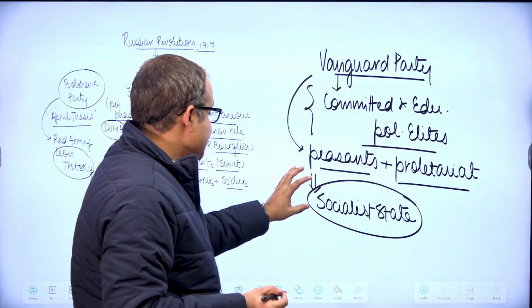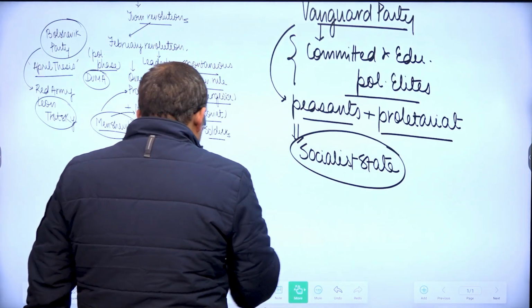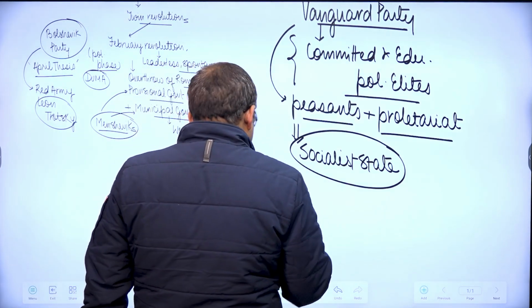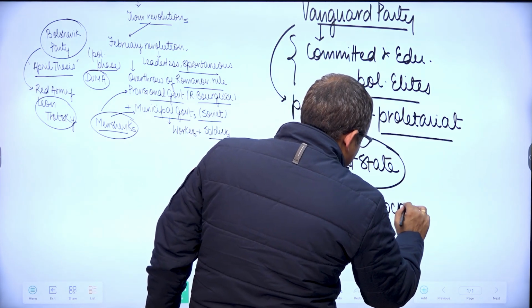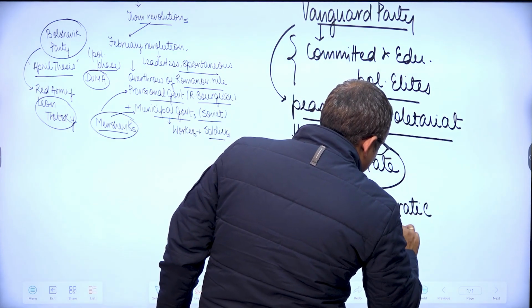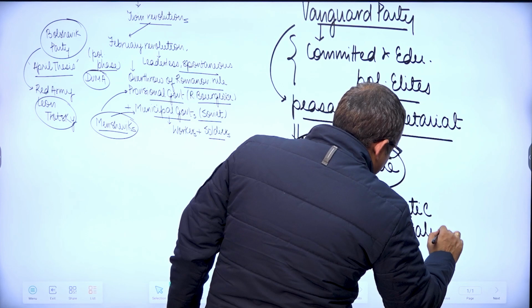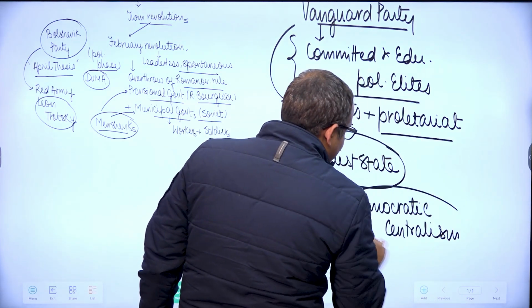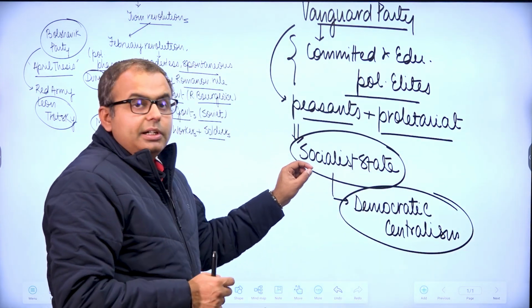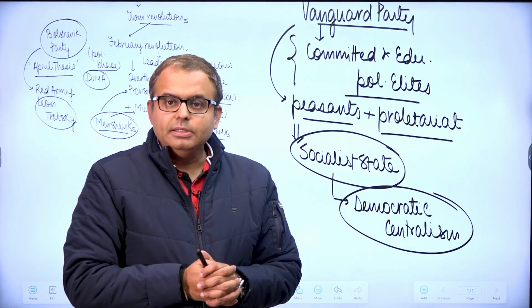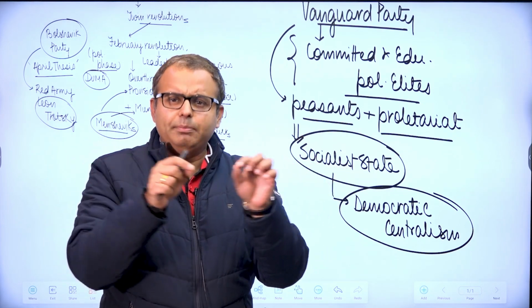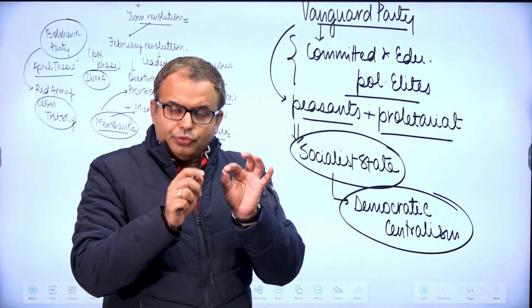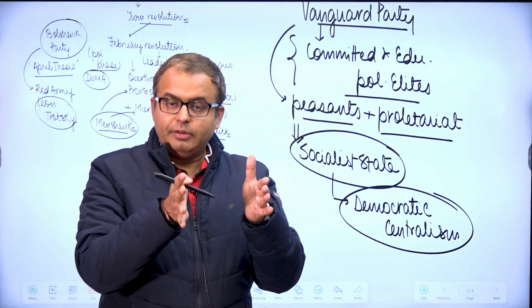And this socialist state was formed, which will function on the principle of democratic centralism: democracy in the formation of the party, and centralism with respect to decision making, like a pyramidal approach. So first, this is the course of the revolution.